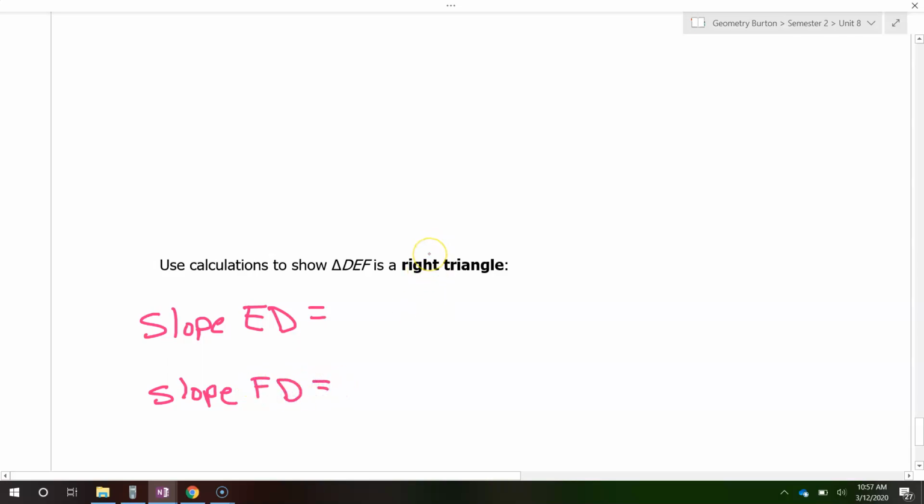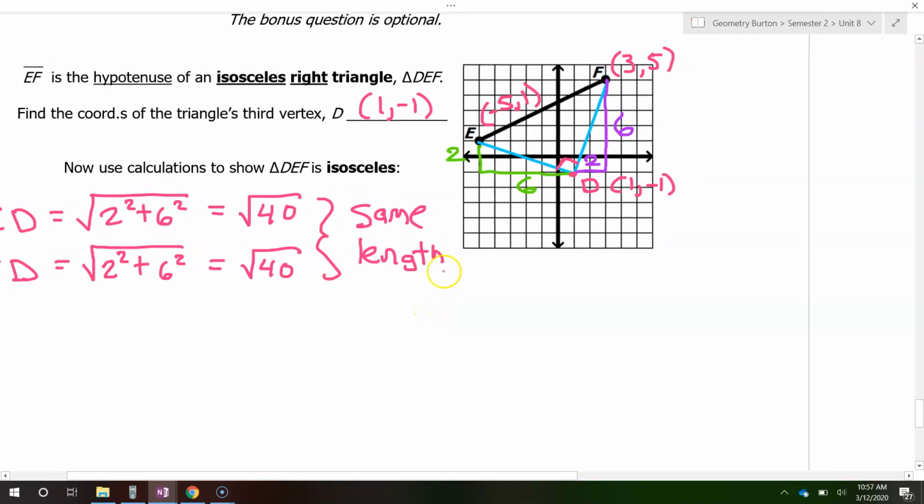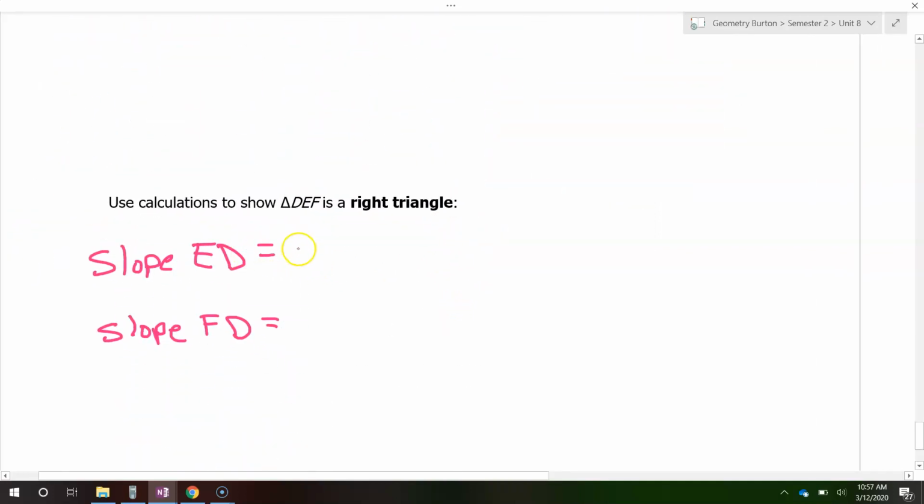If this is a right triangle, these slopes should be opposite and reciprocal. So now that I'm going to look at this as slope, I'm going to think this is down 2 and right 6. So I'm going to put a negative on this. So rise over run is negative 2 over 6. This is downhill, so just make sure your slope is negative in the end. So negative 2 over 6.